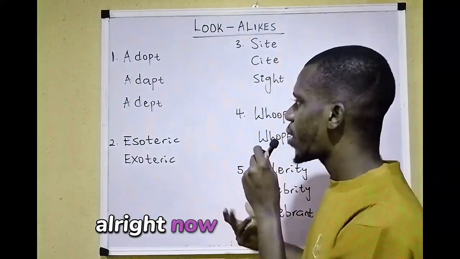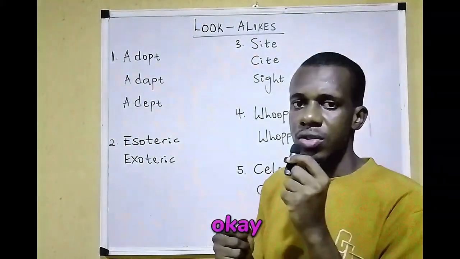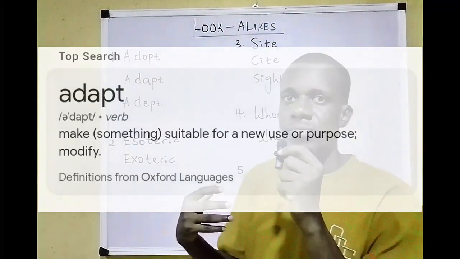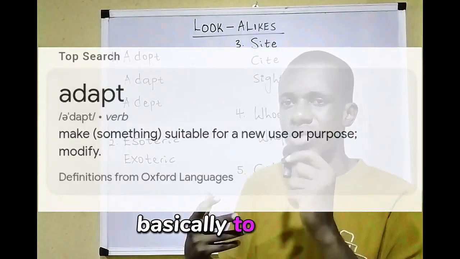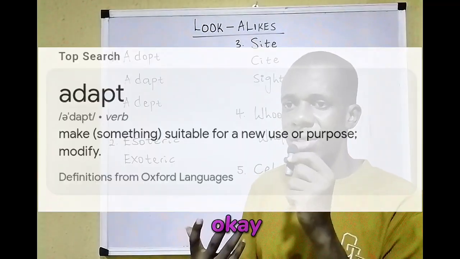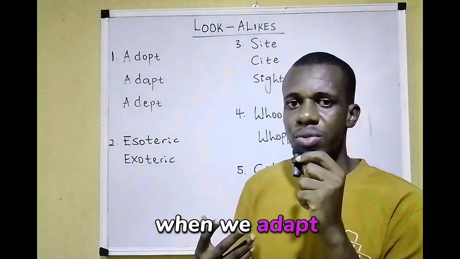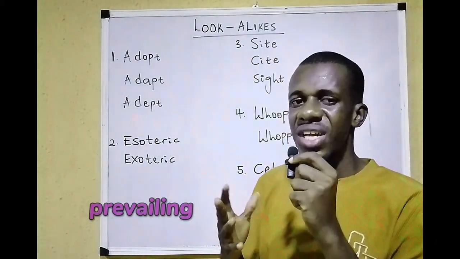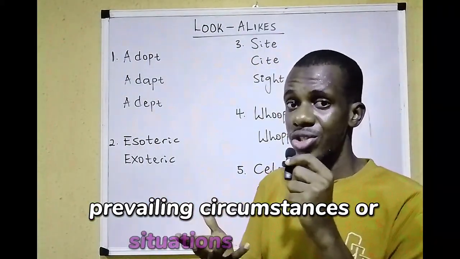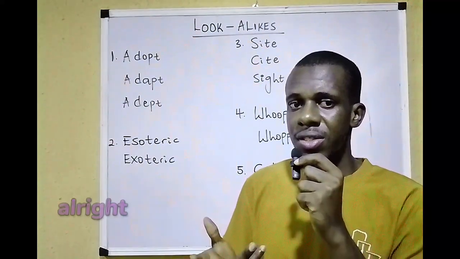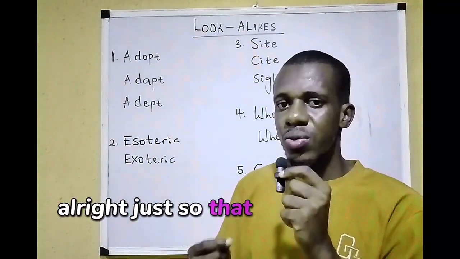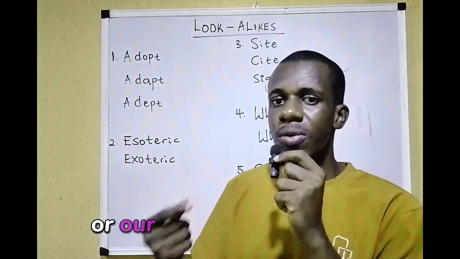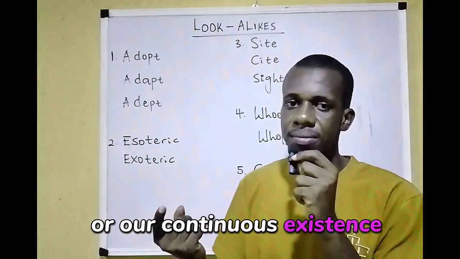Now we have adapt. To adapt means basically to survive. When we adapt, we try to blend with prevailing circumstances or situations around us, just so that we can ensure our existence or our continuous existence.